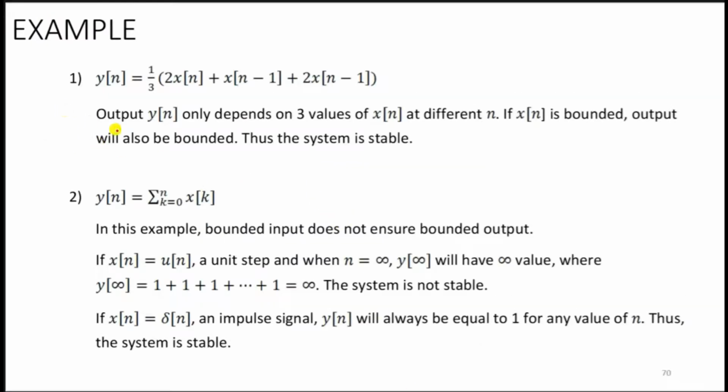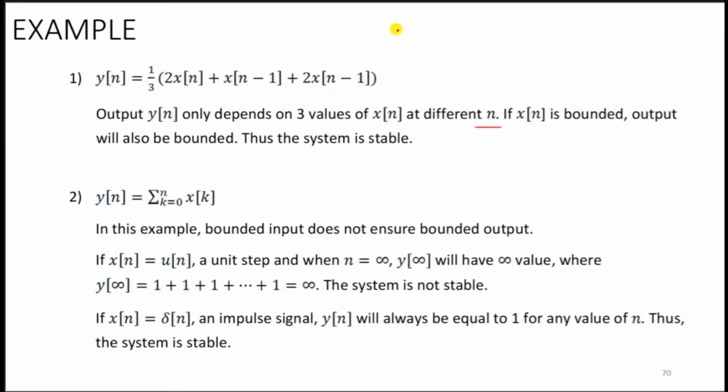So for example, you are given a system here. Output y[n] only depends on three values of x[n] at different n. Now, if x[n] is bounded, the output will also be bounded, so the system is stable.